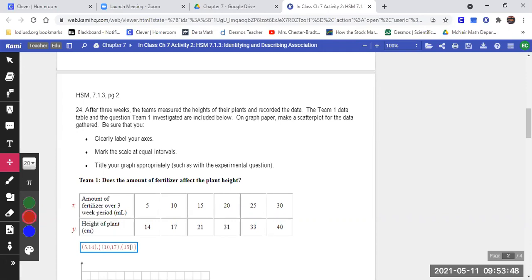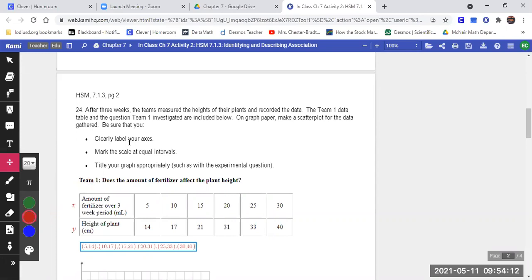Keep going. 20, 31. 25, 33. And 30, 40. So all we did was convert the table into coordinates so we could graph them.